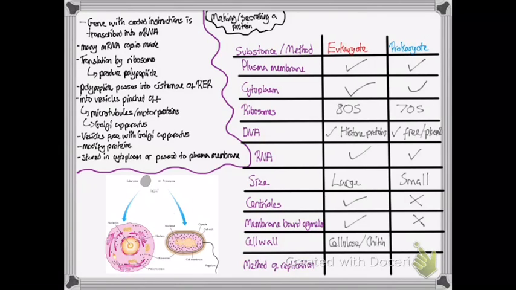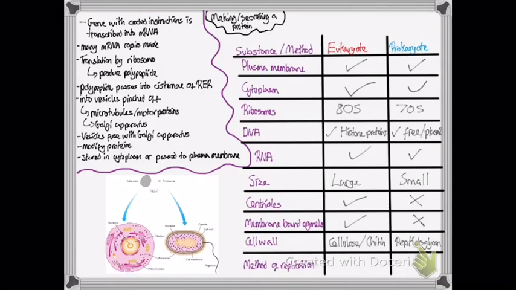Not all eukaryotes have a cell wall, by the way, but prokaryotes can also have a cell wall, but it's made of peptidoglycan. So that's what it's made out of, and their method of replication is different.